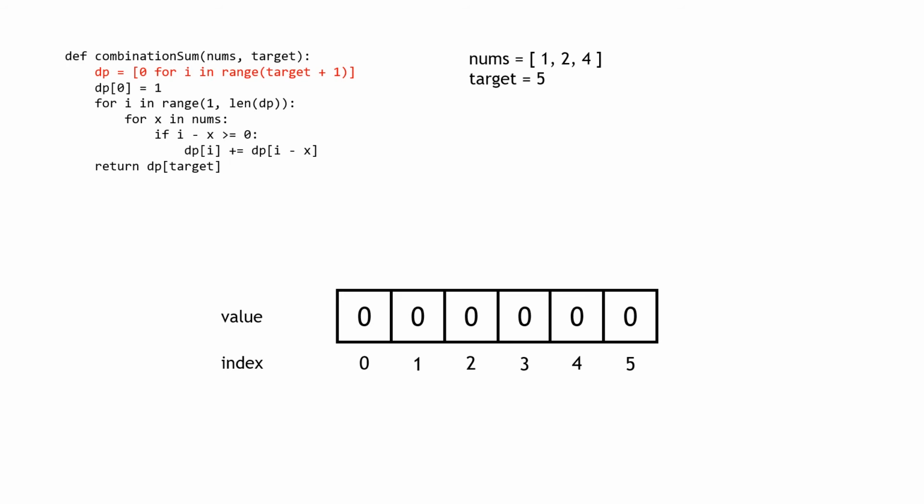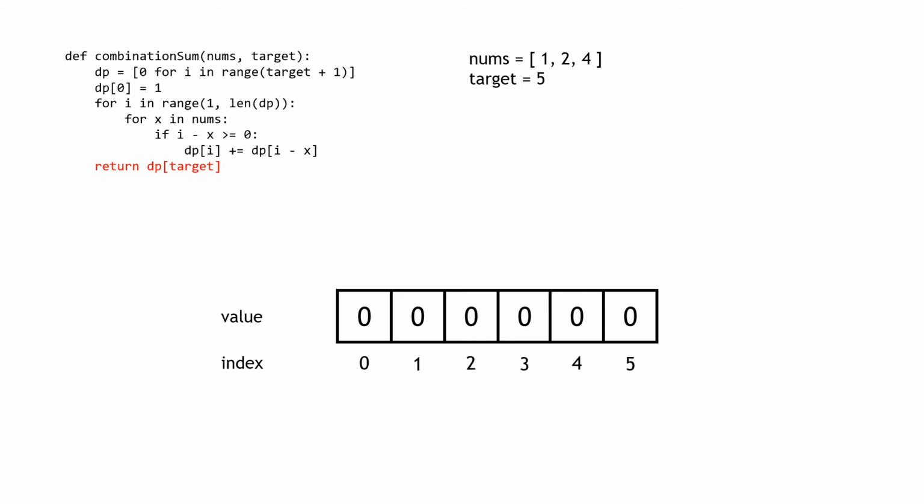How many ways can I use the numbers 1, 2, and 4 to sum to the target of 5? Note that since arrays start indexing from 0, this is why we need the array to be 1 larger than the target. It should make sense then that we're going to ultimately return the last value in the array because that value represents the number of ways we can use nums to sum to our target. And this is the overall question.